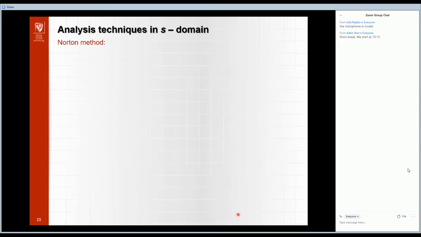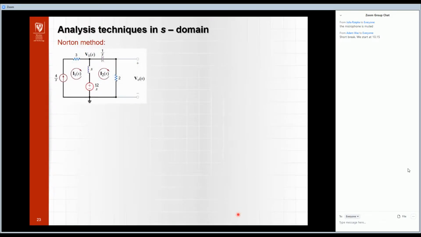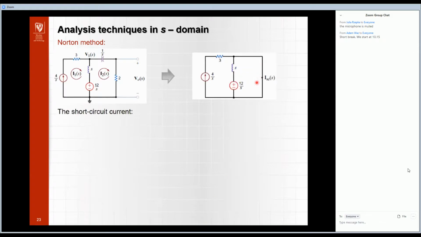Okay, and the Norton method is very similar, but instead of calculating the open circuit voltage, we calculate the short circuit current here. We are interested in this current, so we cut these elements and just make a short here.